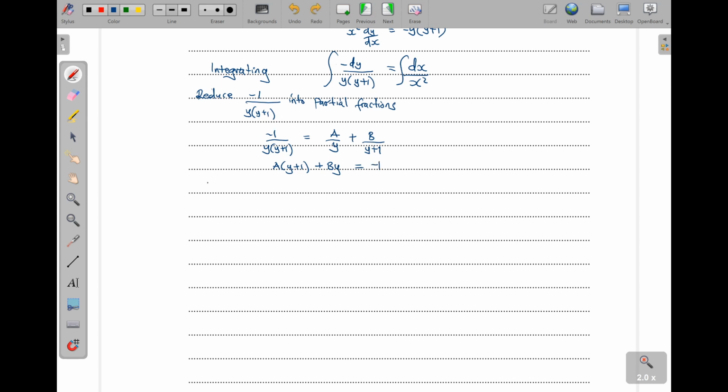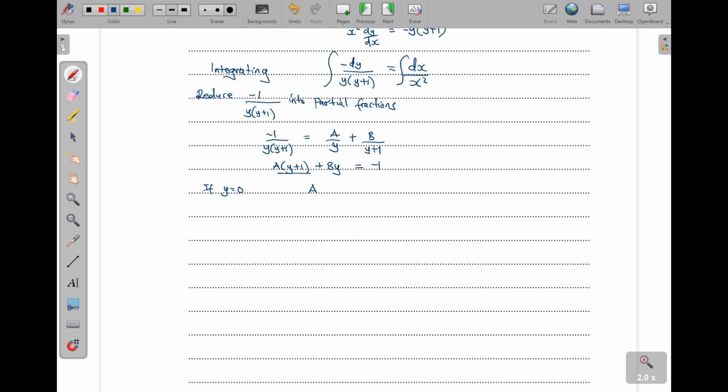By letting y equal to 0, remember we are supposed to look out for the values of y that terminate one of the terms here, and then we remain with the other that gives us the values that we are looking for. So if y is equal to 0, this one will go, and then we shall have our a.